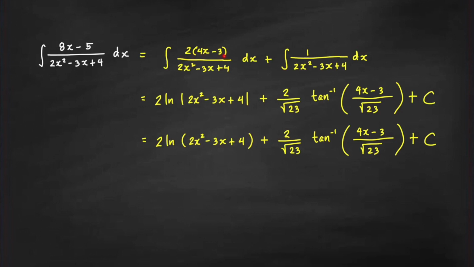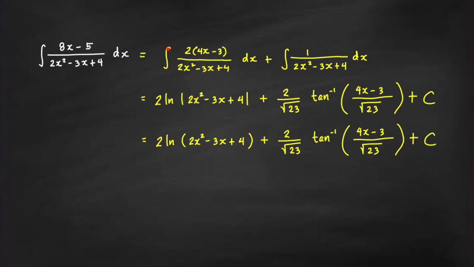But this will give us what? 8x minus 6. But in this numerator, we only have 8x minus 5. So minus 6, in that case, we need to add a constant 1. Okay, so that when we add these two fractions, we'll get the original fraction, which is 8x minus 5 all over this denominator. So to evaluate the first integral, we just use u substitution.